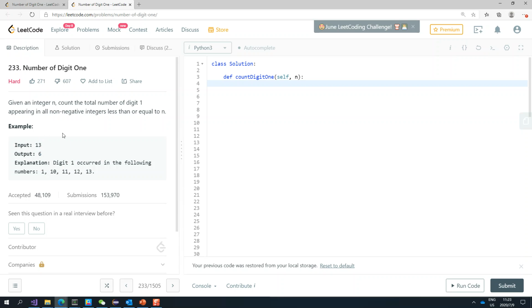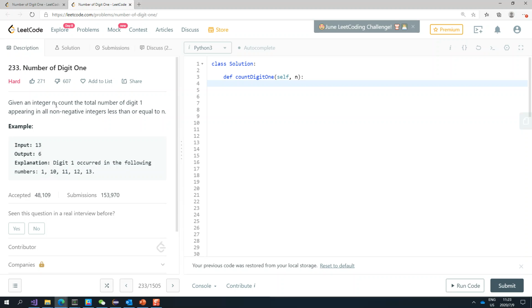So we would like to build a function that, given input n, computes the number of 1s in all the numbers that are equal to or less than 13. For example, 1, 10, 11, 12, and 13.